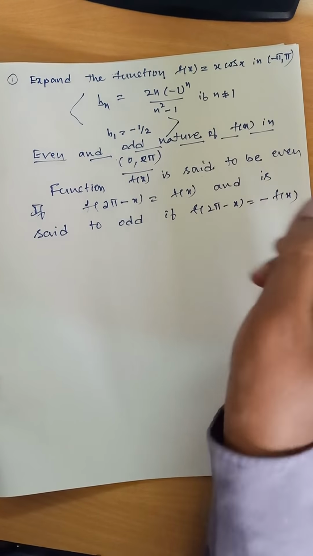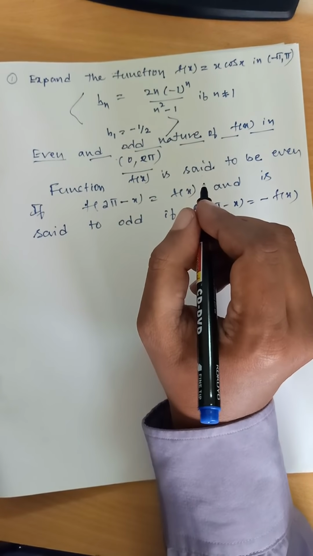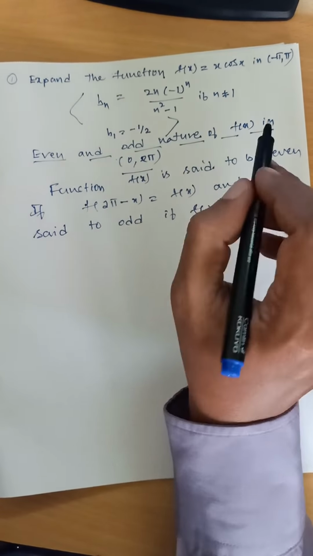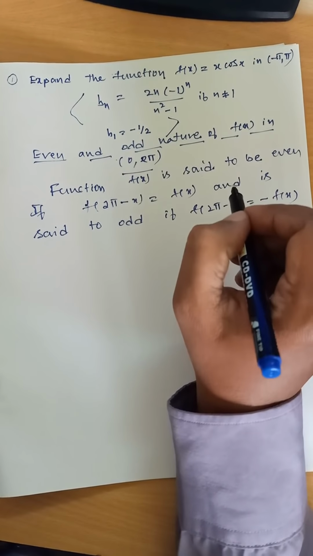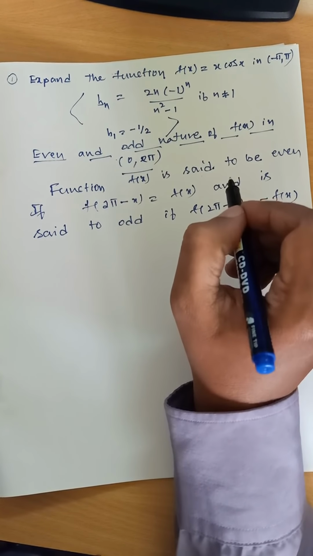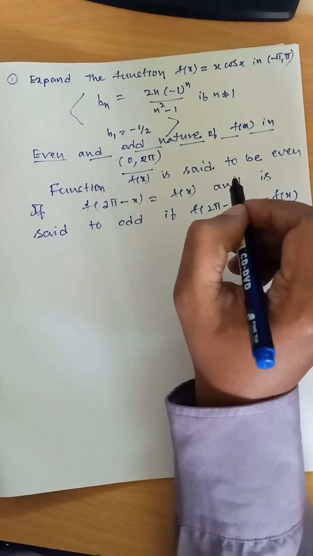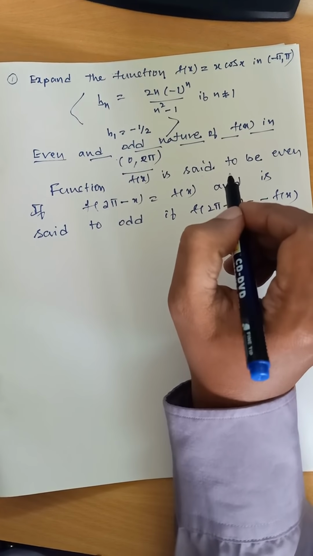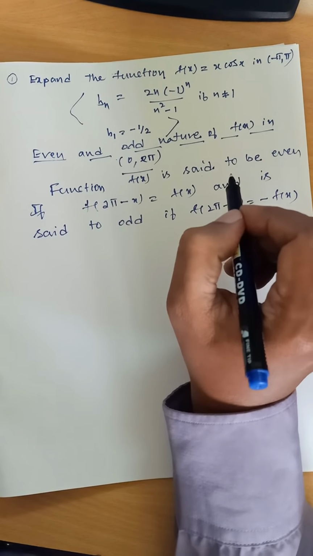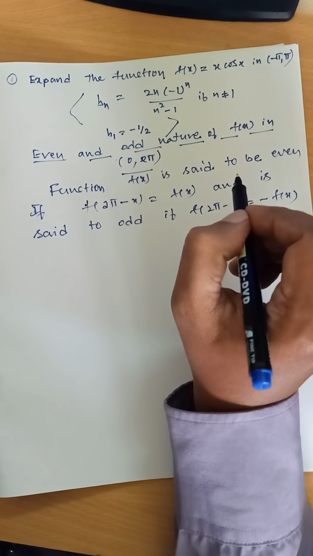You just recall even and odd nature of the function f of x in minus pi comma plus pi. We have the condition for even, that is f of minus x is equal to f of x. Condition for odd, f of minus x is equal to minus f of x in minus pi comma plus pi.